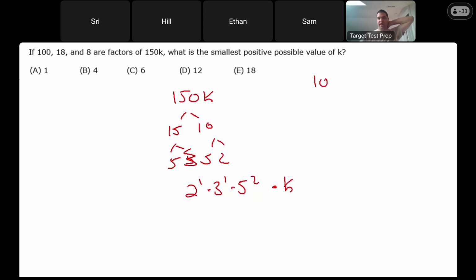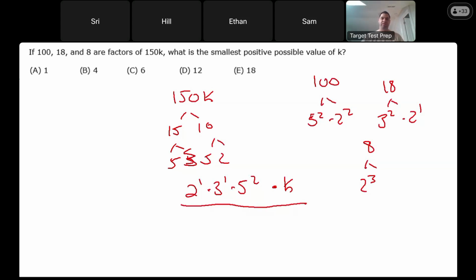So if you break 100 down, for example, that's 5 to the 2, 2 to the 2; 18 is 3 to the 2, 2 to the 1; and 8 is 2 to the 3. So it's like, well, what's missing if you were to divide things into it? Well, you've got one 2 here, but the fact is you need 2 more 2s. So that's where 2 to the 2 comes in.